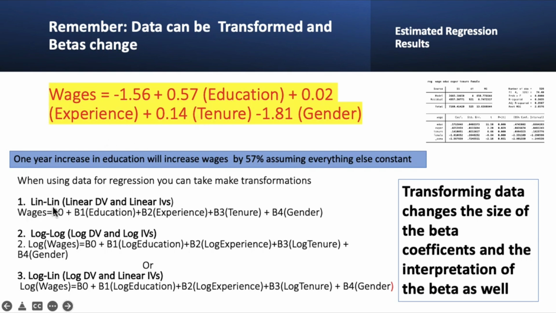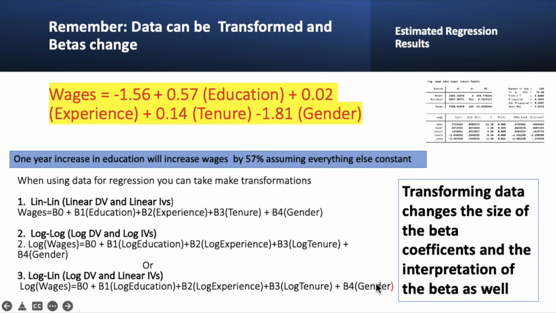So you can have a linear equation in which no variable has a log, either the dependent variable or the independent variables. Or you could take logs of the whole equation, where your dependent variable is in the log form, and so are your independent variables. Or you could be in a log linear format where your dependent variable has a log, but your independent variables do not have logs.